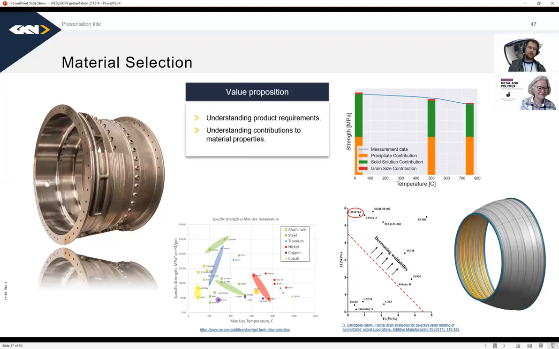Some cracks are created during solidification, while others are created during heat treatment. And these are triggered by different things. So we need to understand what affects these cracks so that we can screen away these alloys at early stages, because it's not acceptable to produce parts that have defects in them in the aerospace industry.